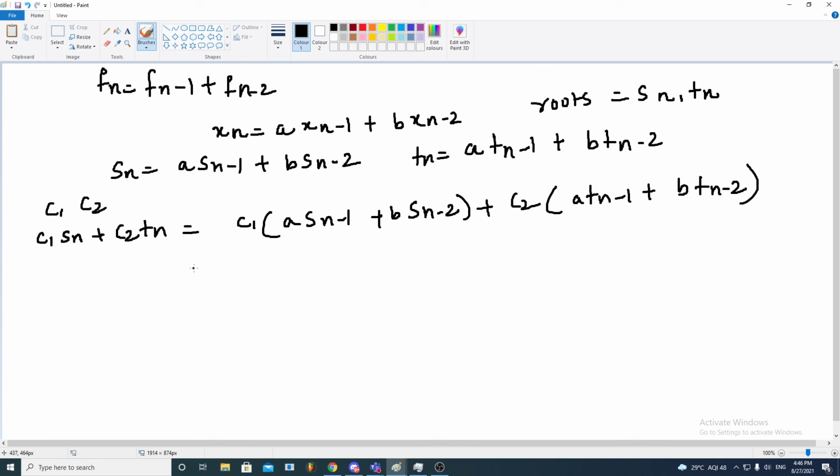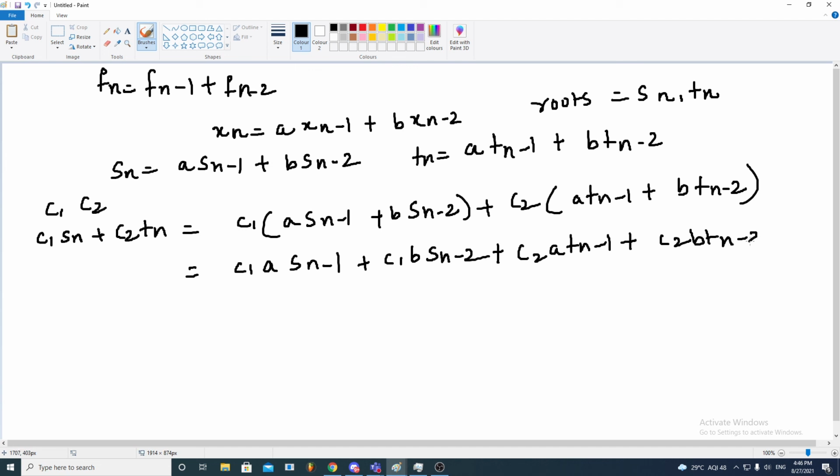That is the equation. All we need to do is bring the a terms together and the b terms together. So we expand this equation and write it as c1 a s of n minus 1 plus c1 b s of n minus 2 plus c2 a t of n minus 1 plus c2 b t of n minus 2.